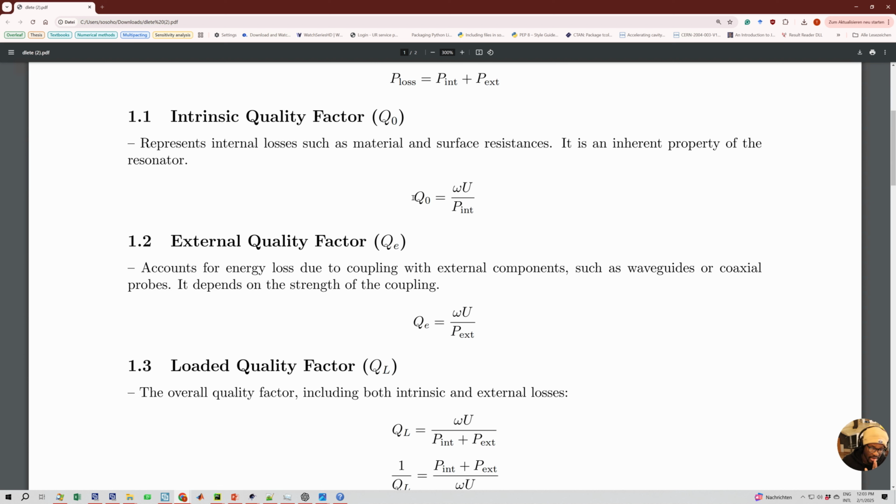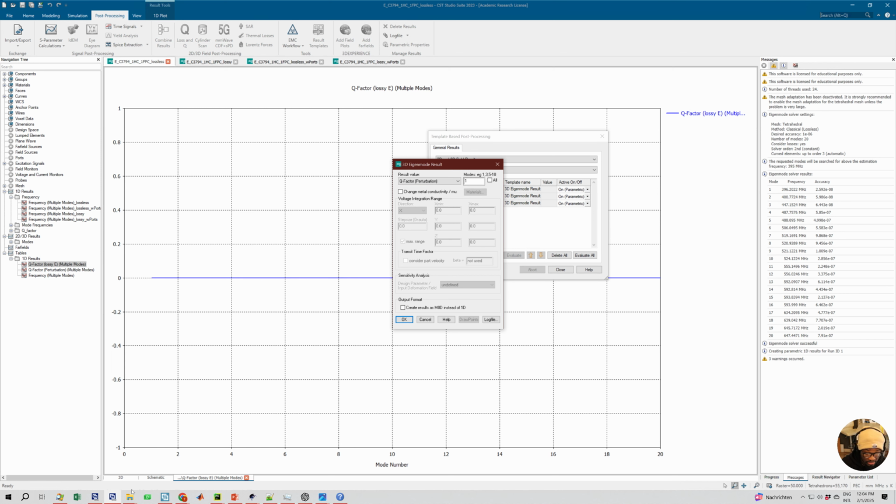And not to get too much into the details of the perturbation method that CST uses, the general idea is you perturb the system and then calculate the shift in frequency and then use it to calculate the intrinsic quality factor. So what it calculates is the intrinsic quality factor. Now this is for 2023.